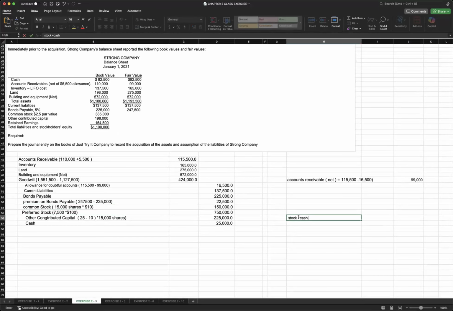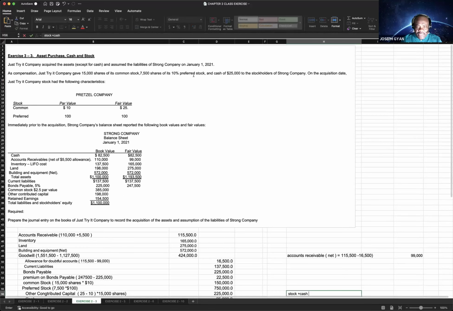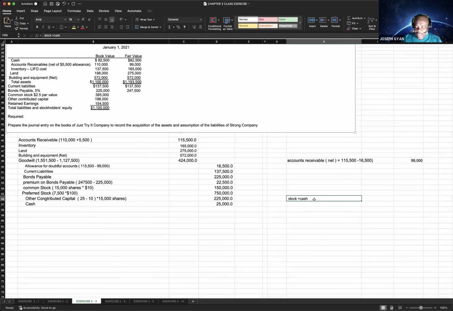And what about the cash of 25,000? Yeah, that's why I put it here. It says here, in addition, cash of 25,000. If you remember chapter 1, when you are buying a company, you can give them something called a consideration.